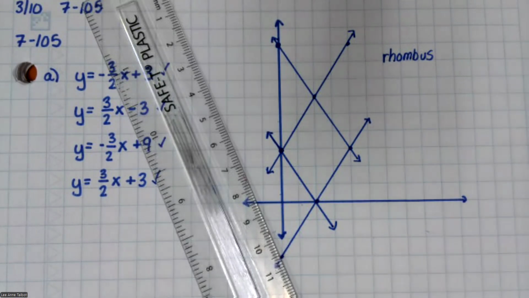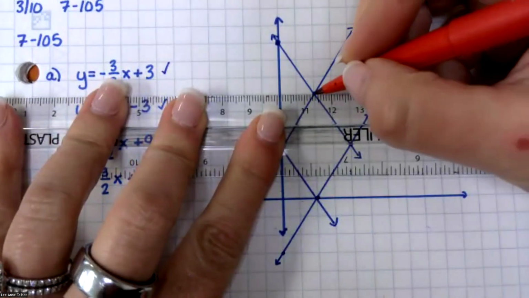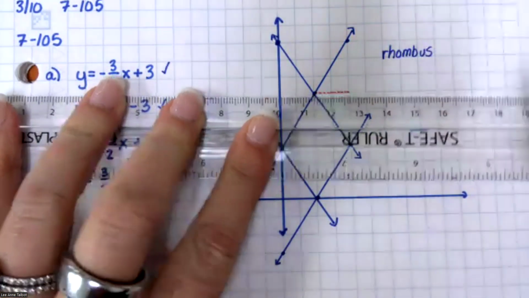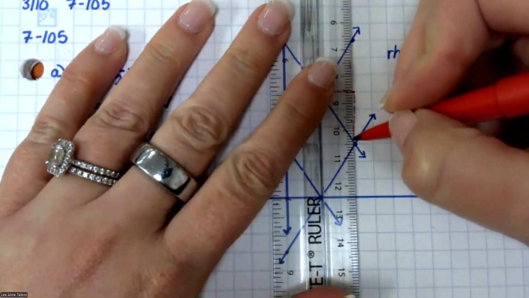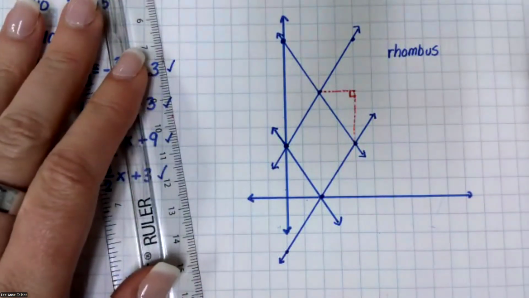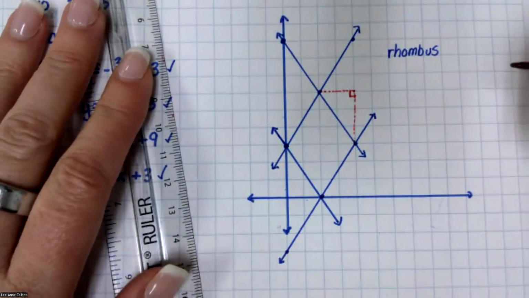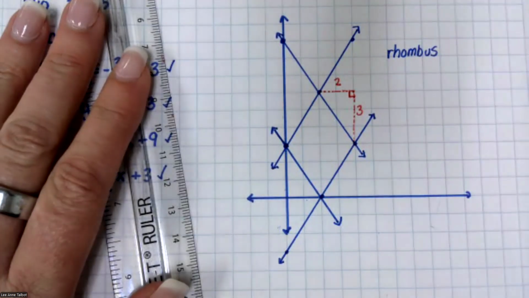Mrs. Talbot, we can tell they're equal from the picture. I know. But we have to prove it. So I'm going to just go off of one of these little sides here. And this is 2, and this is 3.